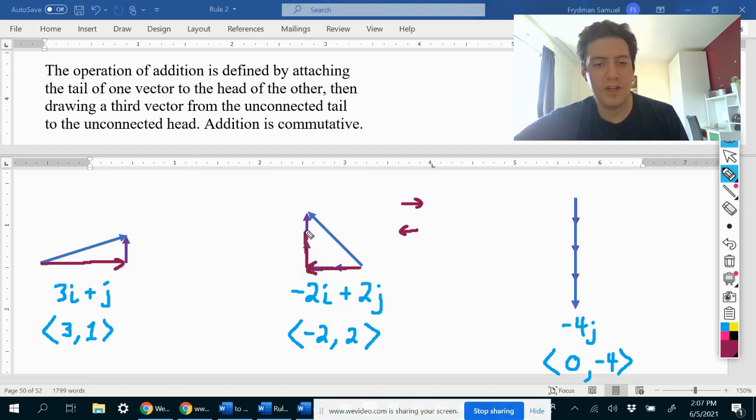This vector over here would be 2j. If this is j, then this would be 2j. And then adding these 2 vectors together, meaning connecting them tail to head, and then drawing a third vector from here to here, from the unconnected tail to the unconnected head, that would be the sum of these 2 vectors.